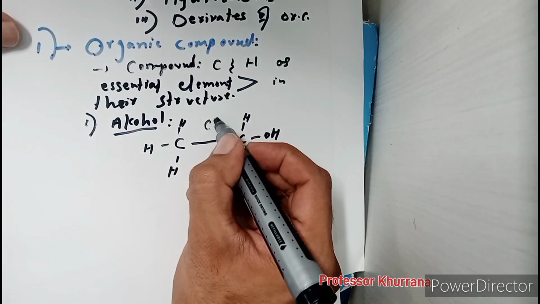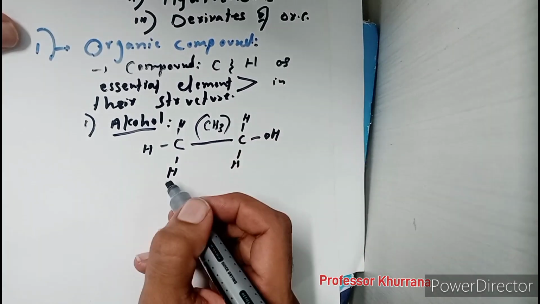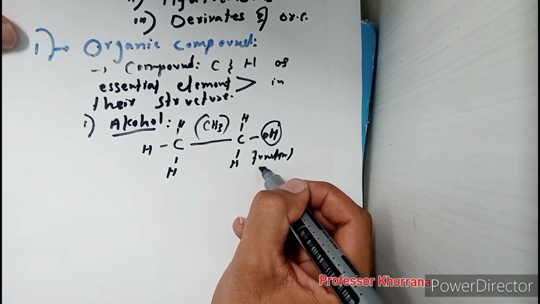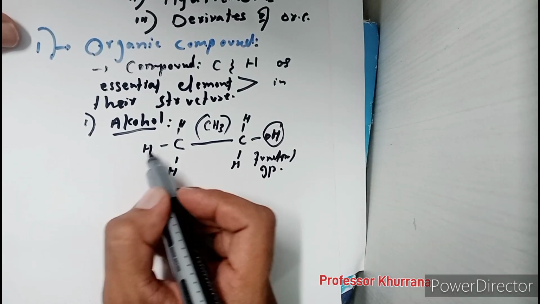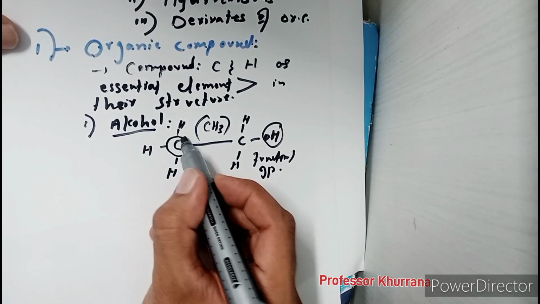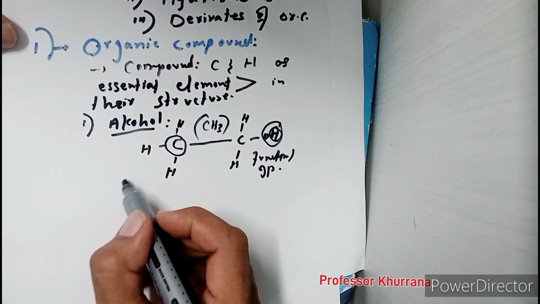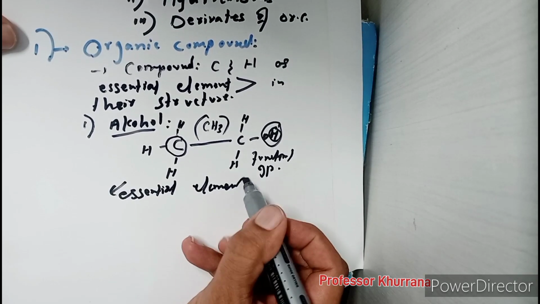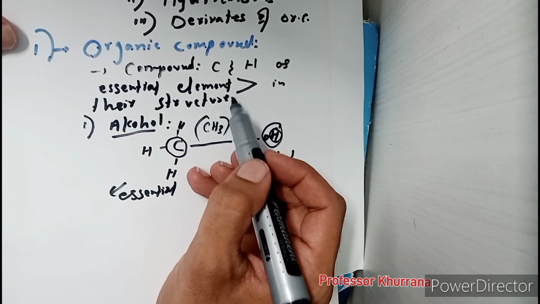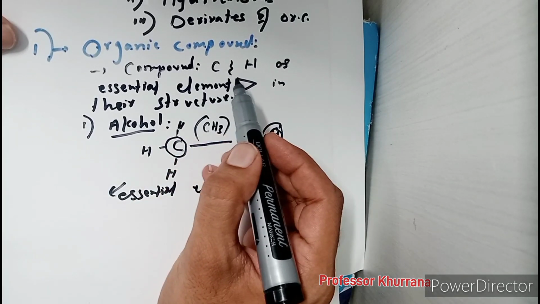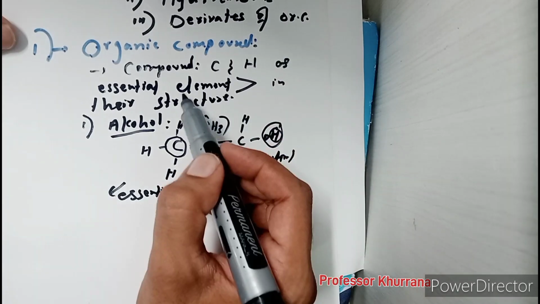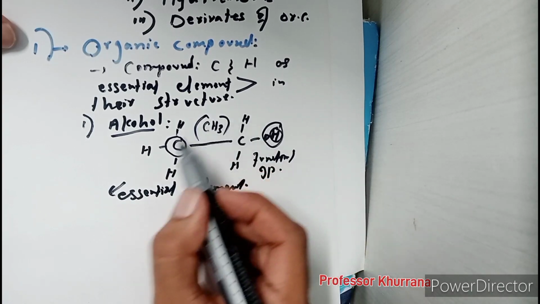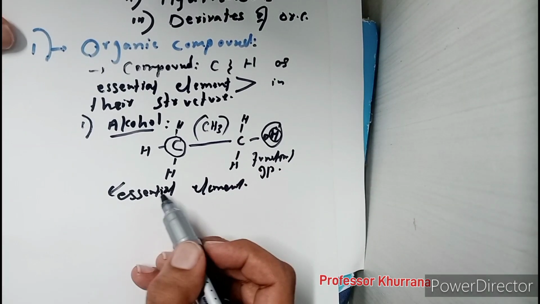Now this all will make CH3, and here OH is a functional group. So in alcohol, carbon and hydrogen are the essential elements in its structure.